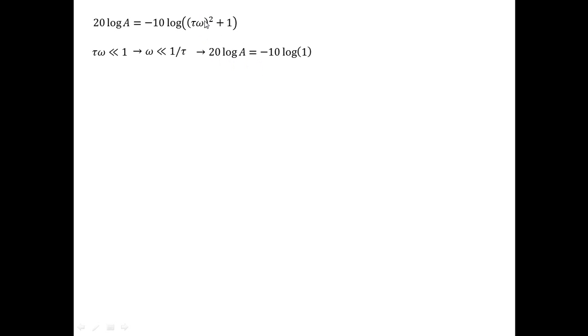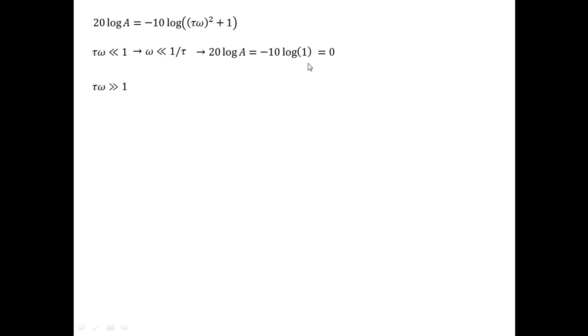So I can ignore this one compared to 1. I will have minus 10 log 1, and since log 1 is 0, which means 20 log A is equal to 0. This means that for omega much less than 1 over tau, the amplitude would be 0.